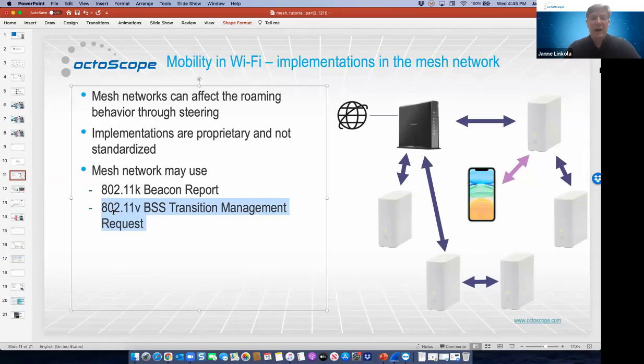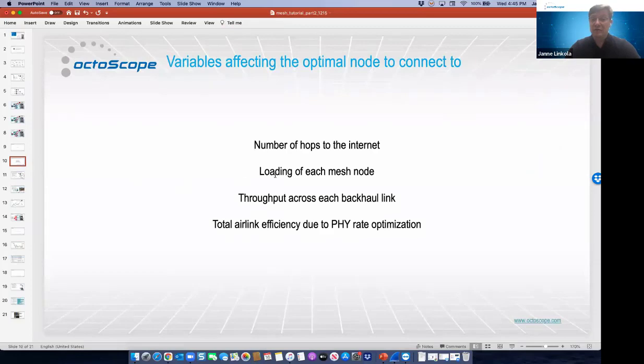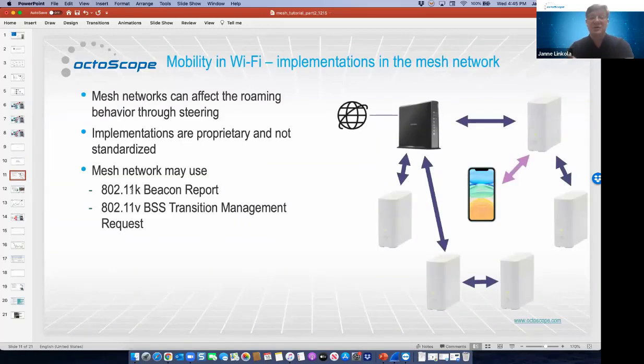Now, of course, the mesh network can also know many of these other considerations. It certainly would know what the loading in each mesh node is, and it would know the throughput roughly in each of the backhauls. It also has a mechanism provided by 802.11k called Beacon Report, which is relatively widely implemented in handsets.